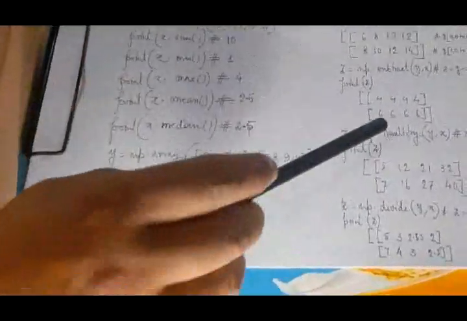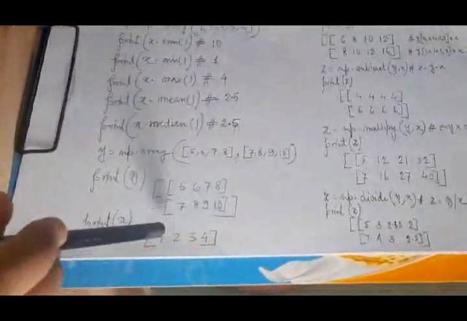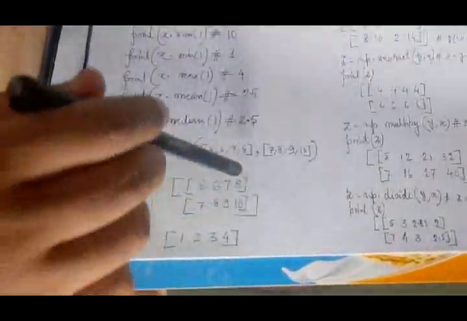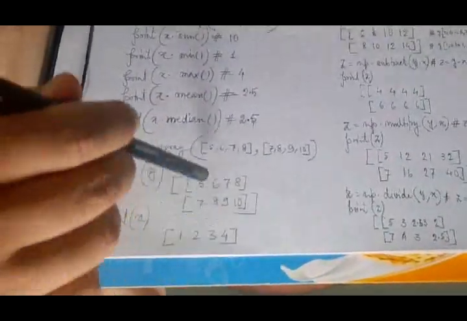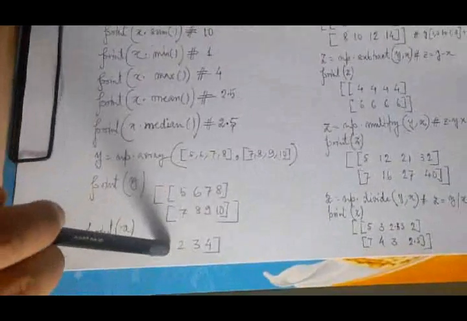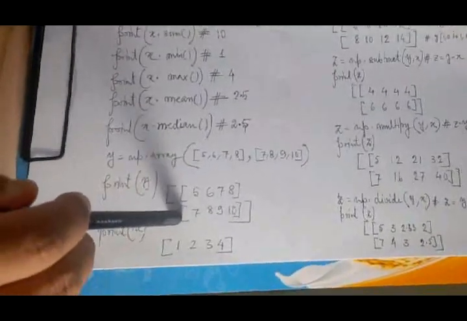Next, multiply x comma y. 1 into 5, 5. 2 into 6, 12. 3 into 7, 21. 4 into 8, 32. Values of x are multiplied with the corresponding values of the first row of y. Then, in the same way, values of x with the corresponding values of the second row of y.